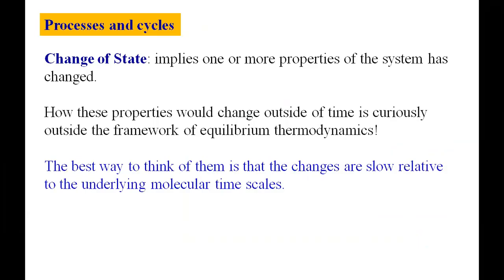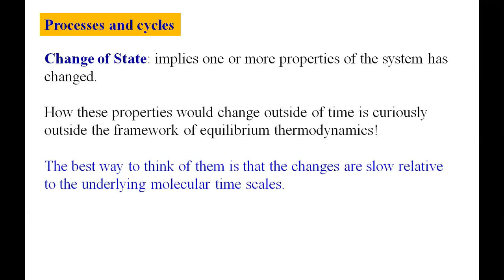So process and cycle. A change of state implies one or more properties of the system has changed. How these properties would change outside of time is curiously outside the framework of equilibrium thermodynamics.